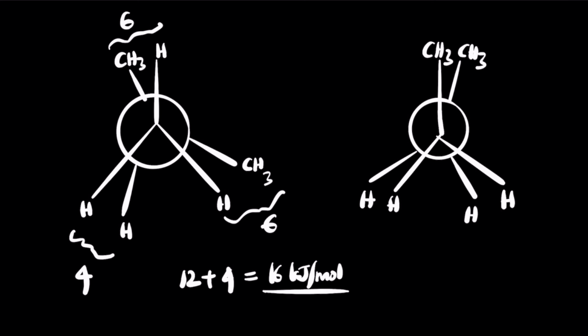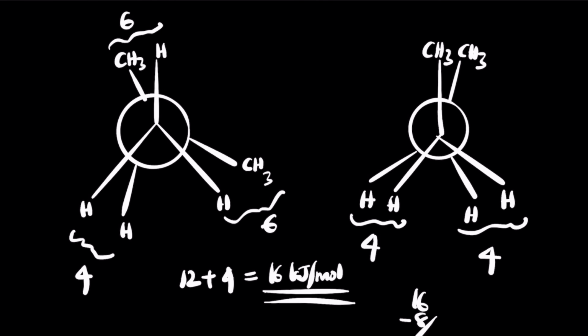We know that the total is 16, but each of these is 4. So 16 minus 8, because we want to know the value between two CH3s. This conformation is called a gauche conformation, and it involves a gauche interaction.